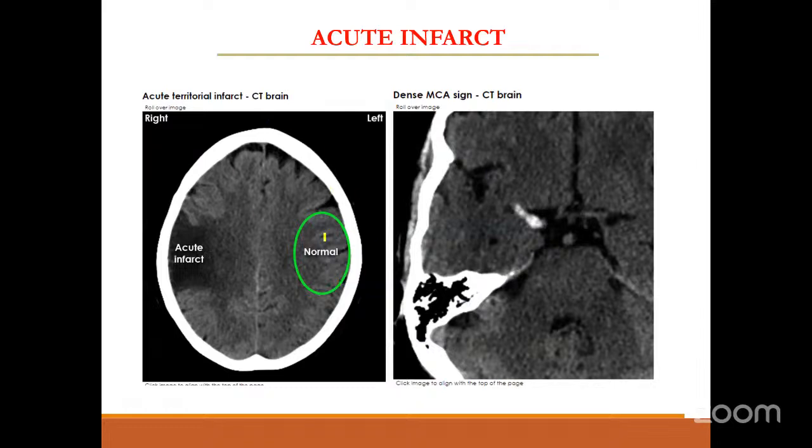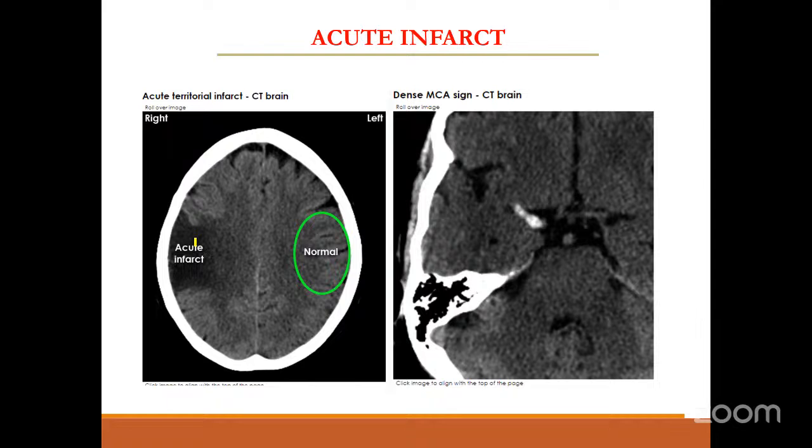Here, the common pathologies which we look at in the images. This is a CT brain depiction of an acute infarct. As I said, when your brain gets infarcted, there is swelling, and the brain parenchyma gets filled up with fluid, causing edema.